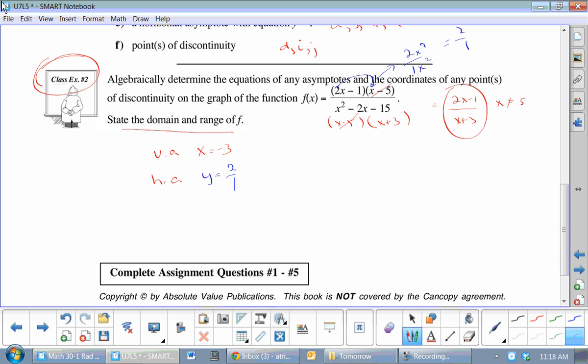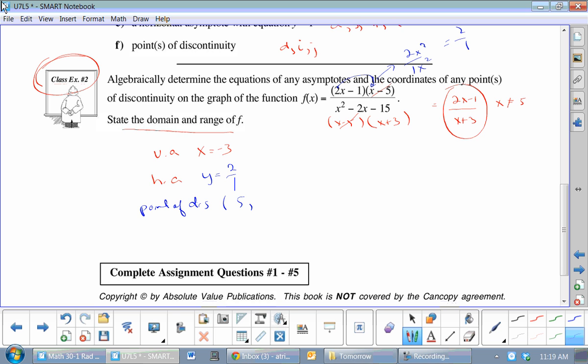What about point of discontinuity? What point is that? It's at 5, comma. No, I don't get 5 over 8.